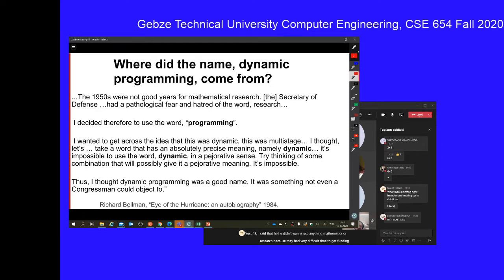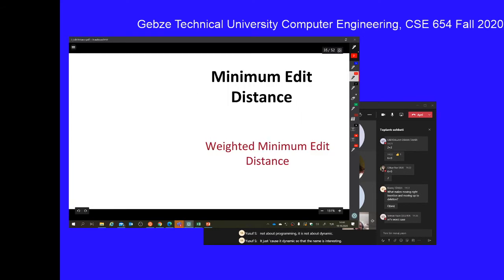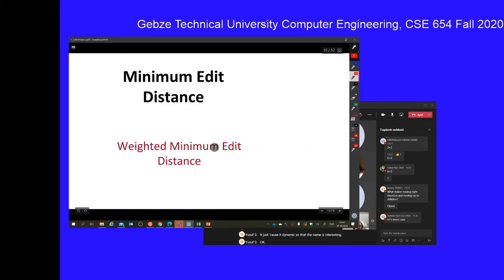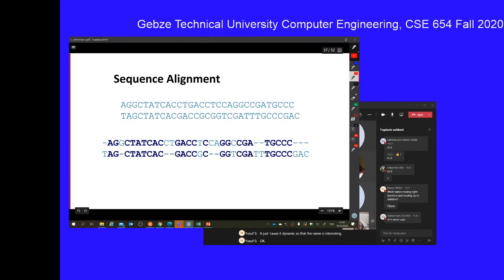Programming was a very positive word in those days, and he just picked it. So dynamic programming doesn't mean anything actually. It is not about programming. It is not about dynamic. He just calls it dynamic so that the name is interesting. Okay, good.